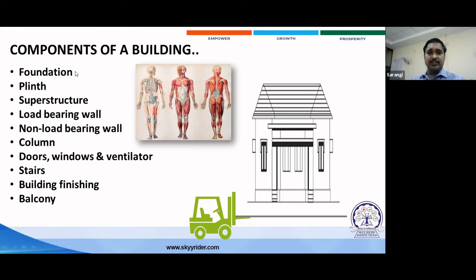Now the foundations. In foundations, there is a component known as the footing. Similarly, in the human body, the footing is the foot, which sustains all the loads of our body. Then the footing is connected to the two legs.